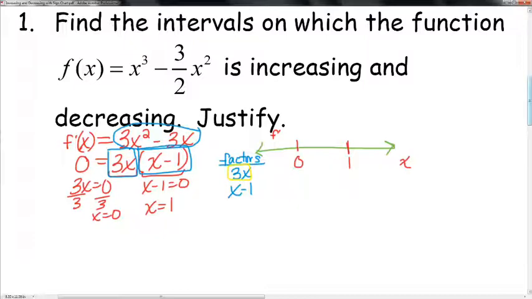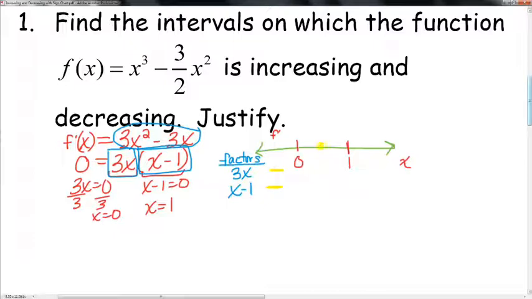So it would give me a negative 3, and that's a negative number. I'm going to plug the same negative 1 into this factor. And negative 1 minus 1 gives me negative 2. And again, that's a negative number.